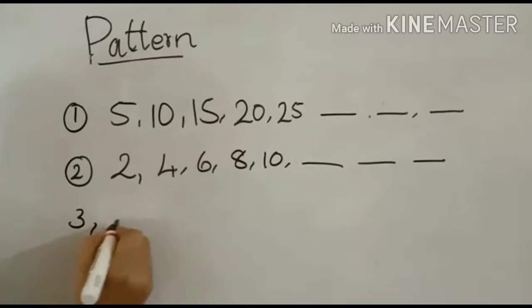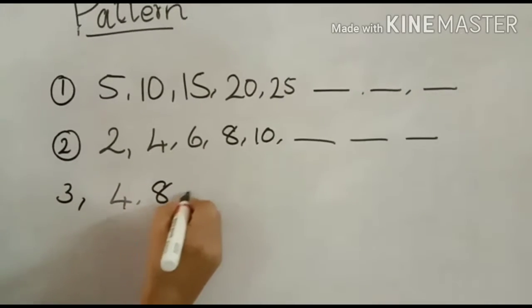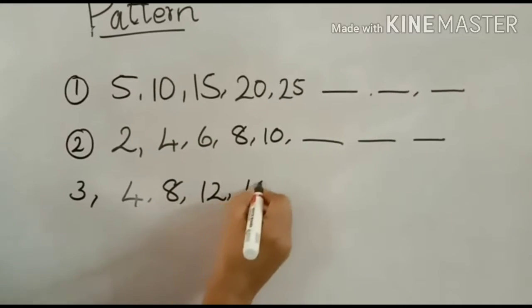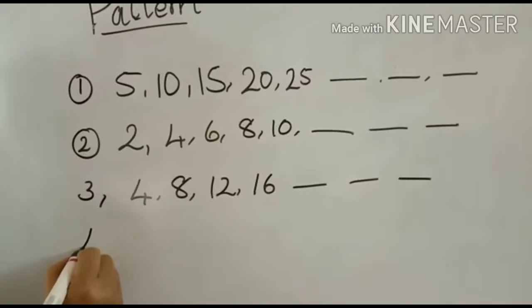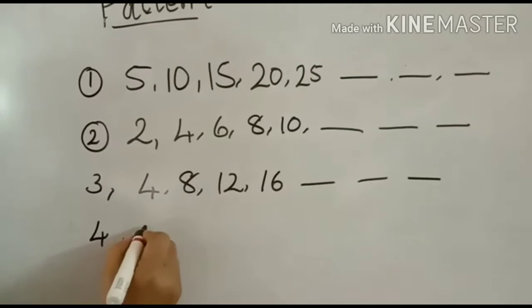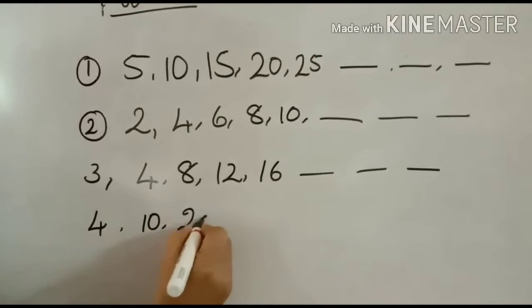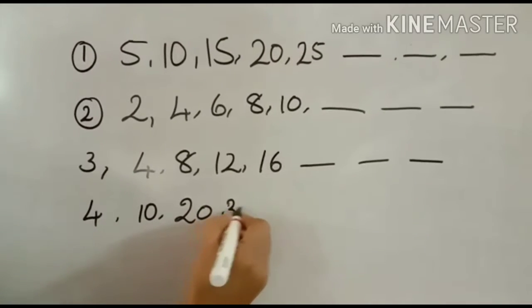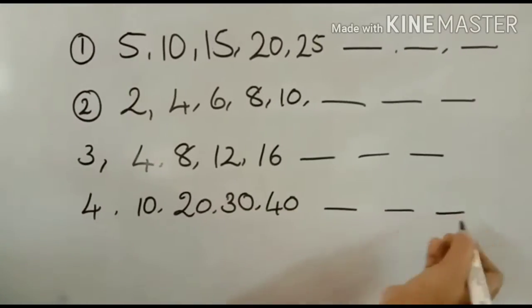See third one: 4, 8, 12, 16, dash, dash, dash. Fourth one: 10, 20, 30, 40, dash, dash, dash.